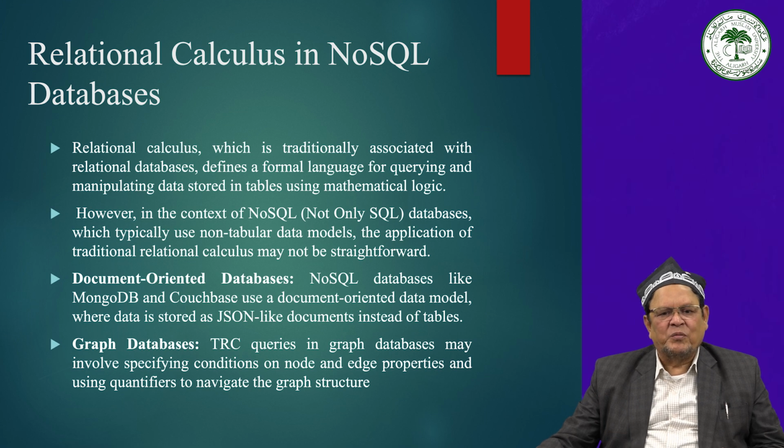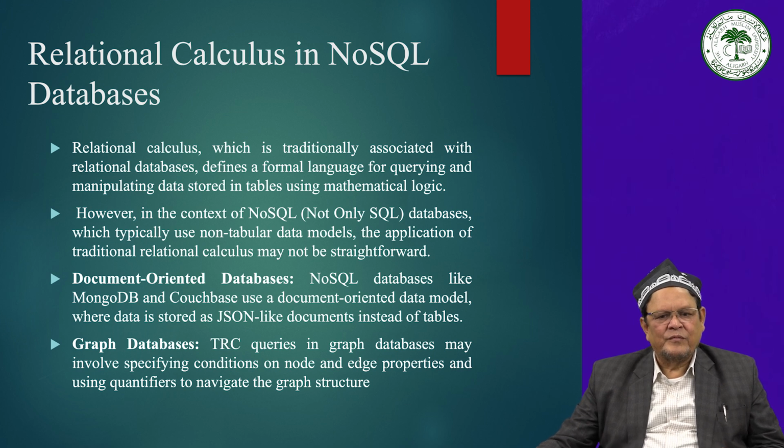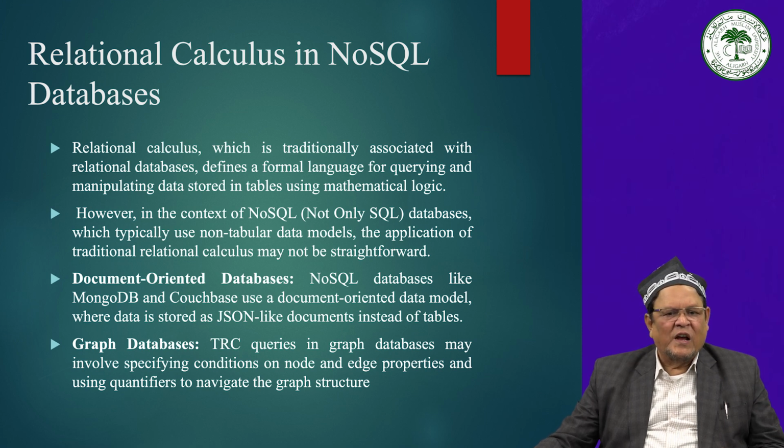Relational calculus concepts can be applied to graph databases by formulating queries that traverse nodes and edges to retrieve relevant information. TRC queries in graph databases may involve specifying conditions on node and edge properties and using quantifiers to navigate the graph structure.